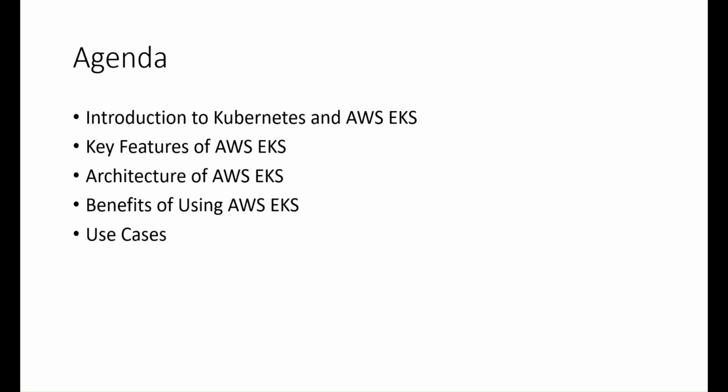Firstly, let's see what Kubernetes means and what AWS EKS is, and later we're going to see the key features of AWS EKS, how the architecture of AWS EKS works, and what the benefits of using AWS EKS are. And lastly, let's see the use cases of AWS EKS.